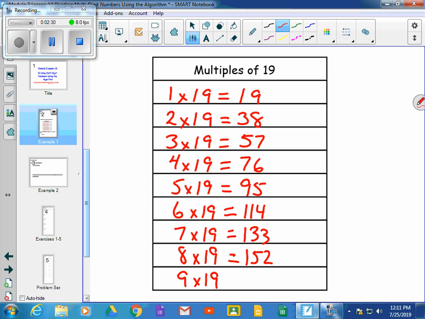And then finally 9 times 19 is 171. Now creating that list might seem like a lot of work, but once you create that list, it makes it a lot easier to do the division here.